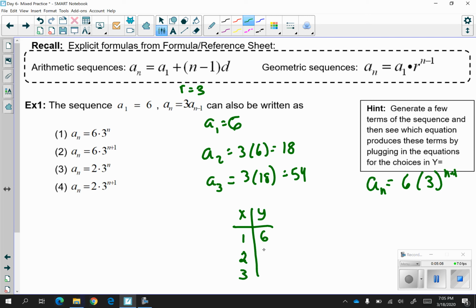and 6, 18, 54. Now remember, explicit sequences can be put in y equals in the calculator. All of these should go in y1, right? These can all be y's and x's.